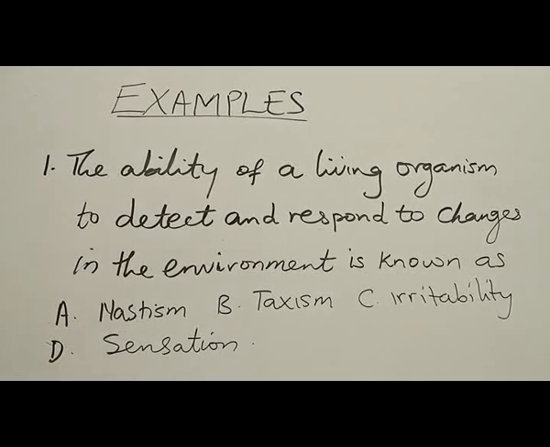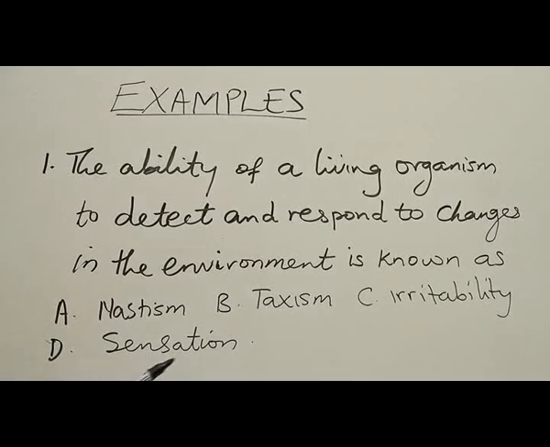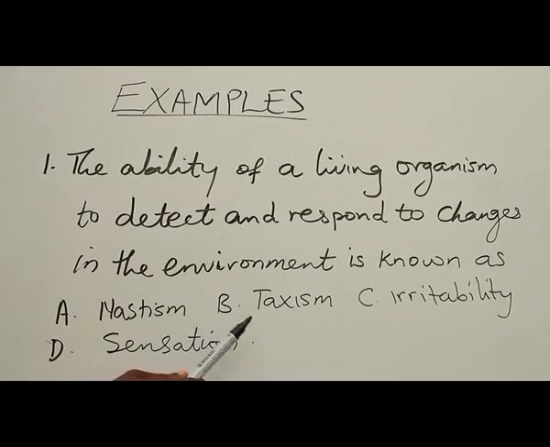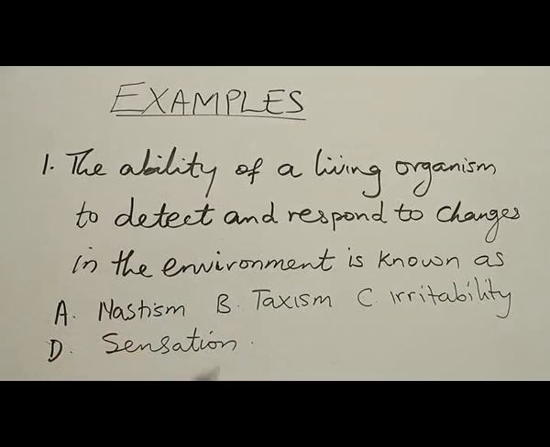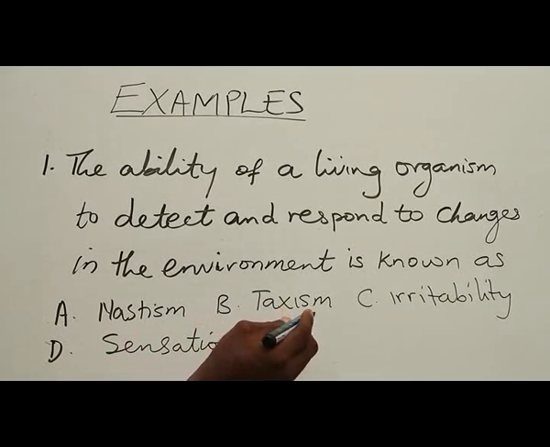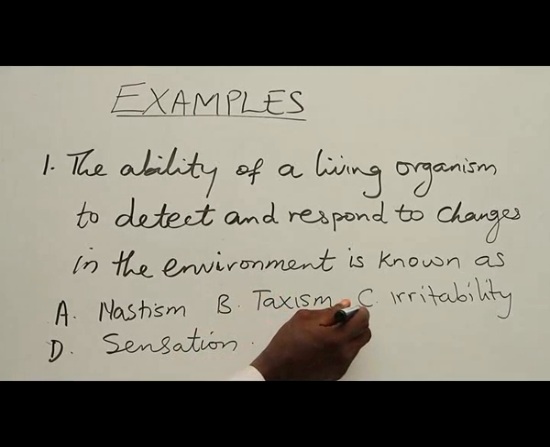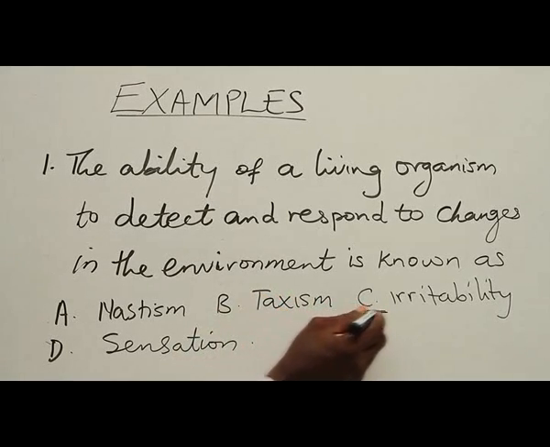Nastism is a kind of response, a movement of part of a plant in a non-directional way. Taxism is movement of the whole body of the organism, like a unicellular organism. Sensation does not give the appropriate answer. So our answer is C.